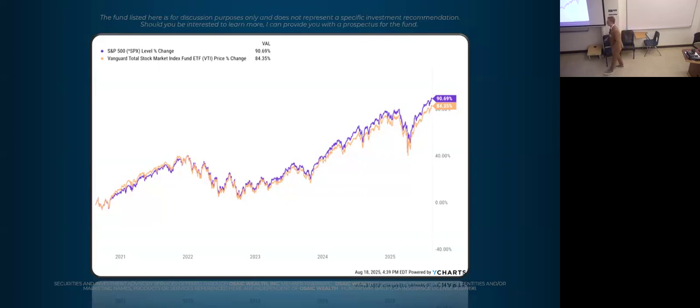Yes. How similar are they? Because the total market might have 1,800 stocks. Mhm. The S&P has 500, but then most of the total market is very similar. Right. So another reason that the performance here looks so similar is something we've talked about a couple times before: most index funds, because they're following an index, are calculated with what's called market cap weighting.